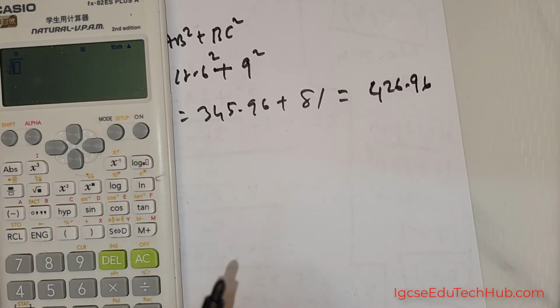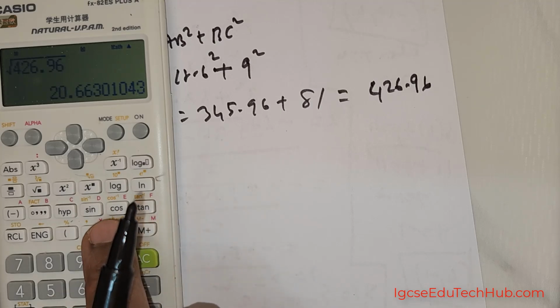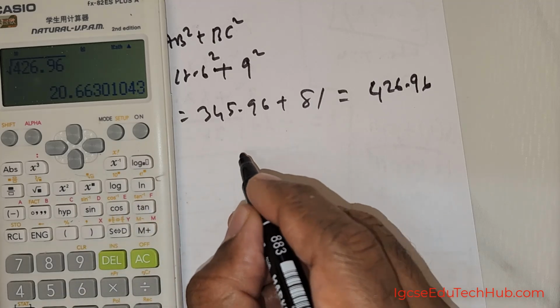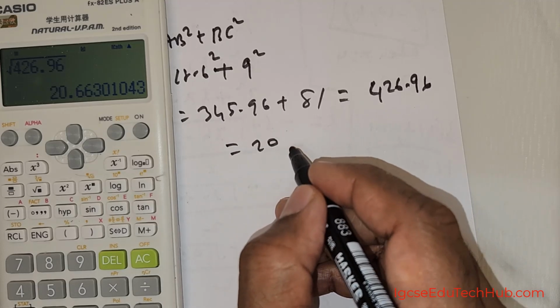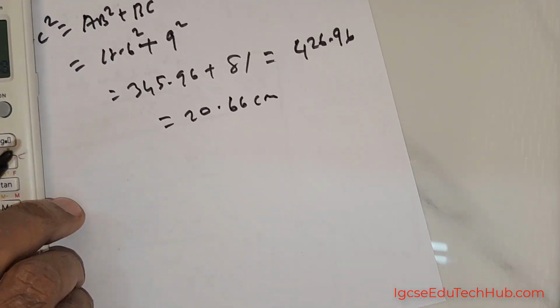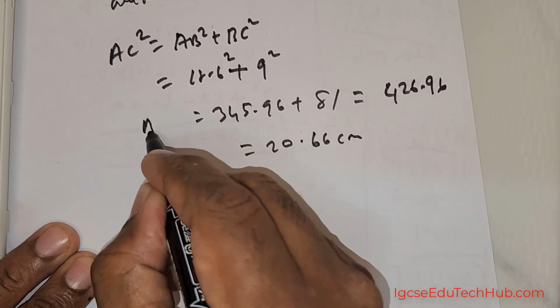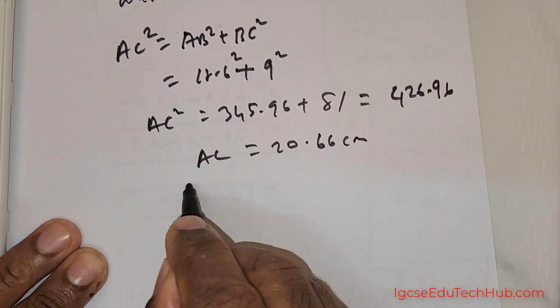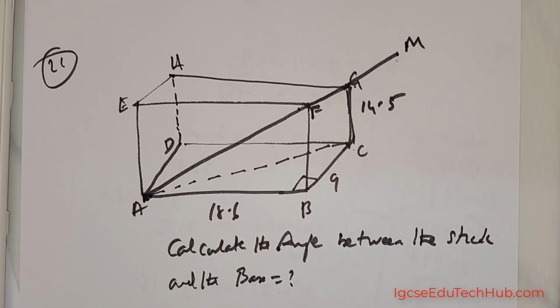So you take the square root of 426.96. So that is actually giving you a value of 20.66 cm. So what is this? This is AC. Okay, I've got AC.